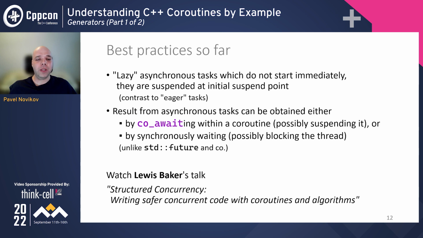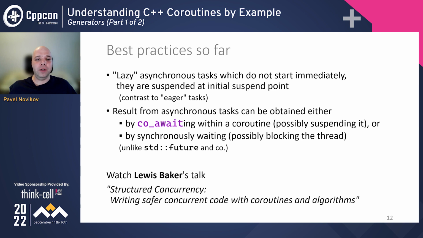So having lazy tasks, we can get a result from that lazy task by co_awaiting that result in a coroutine, in which case the coroutine that we co_await in possibly suspends, depending on whether the result is ready or not.